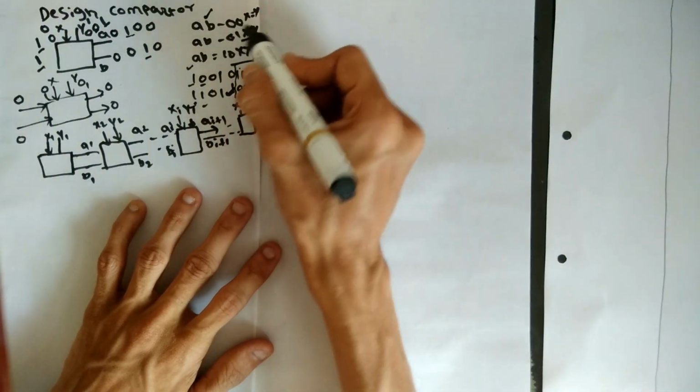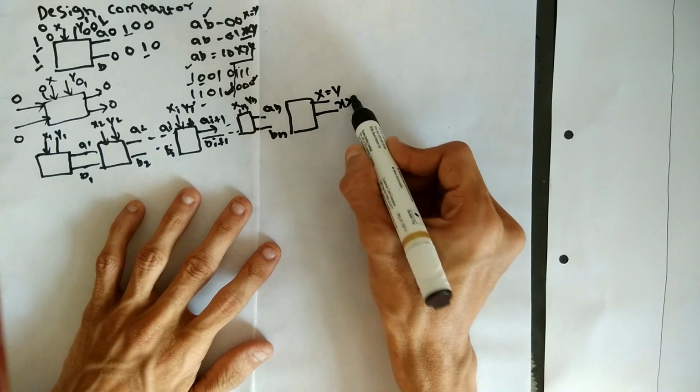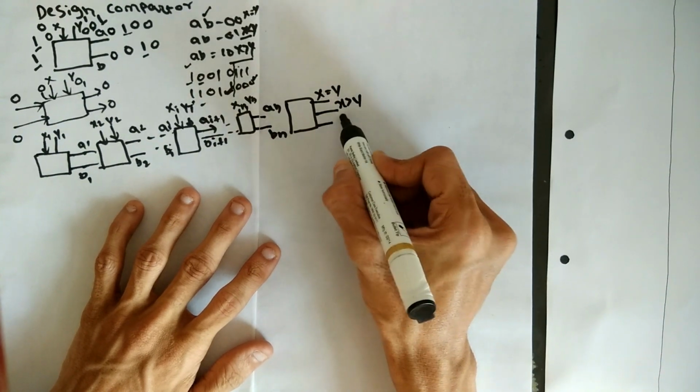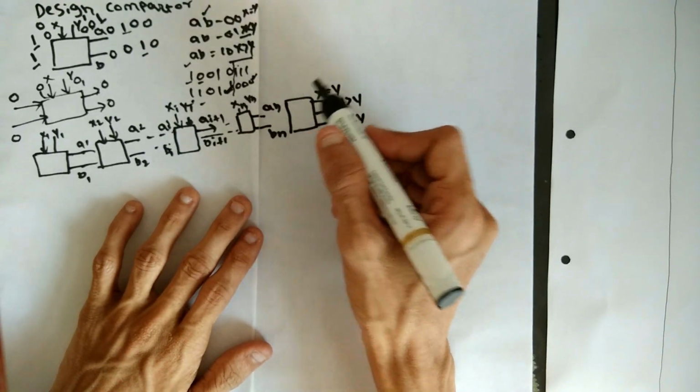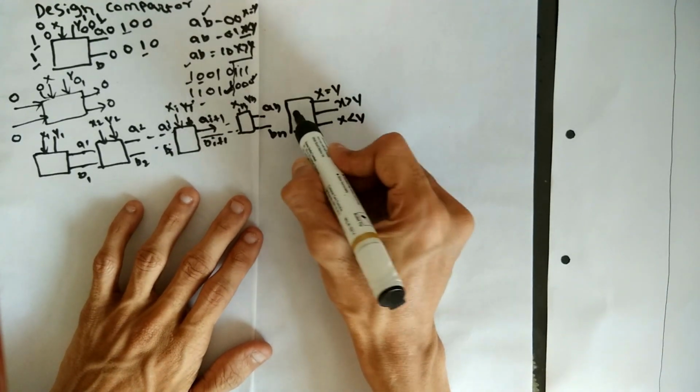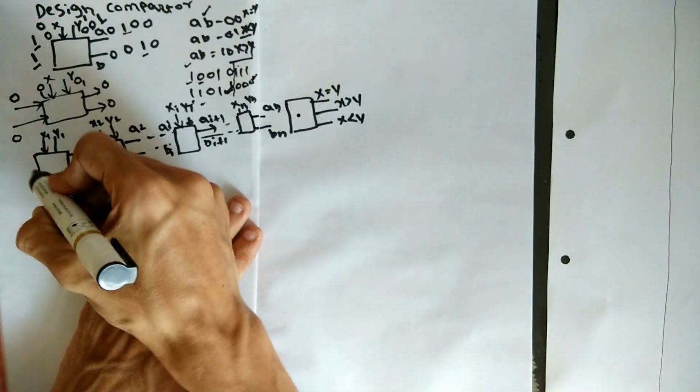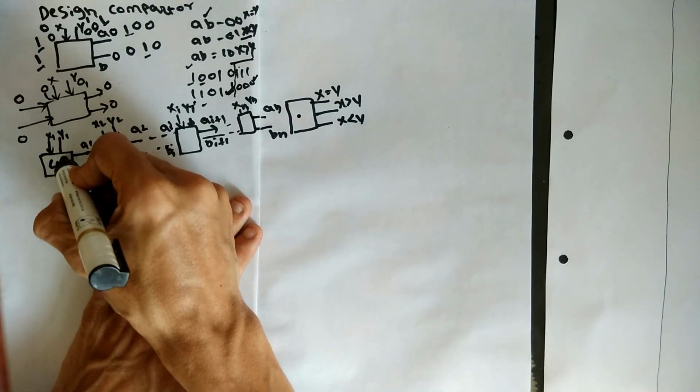If it is 0 1, x greater than y it will generate, and lastly it will generate x less than y. So this circuit is nothing but making a comparator output. These we are calling cells.